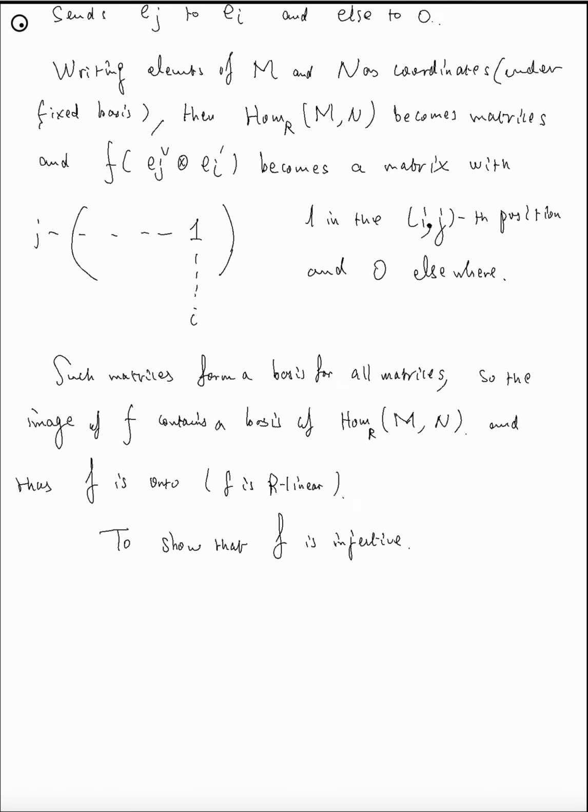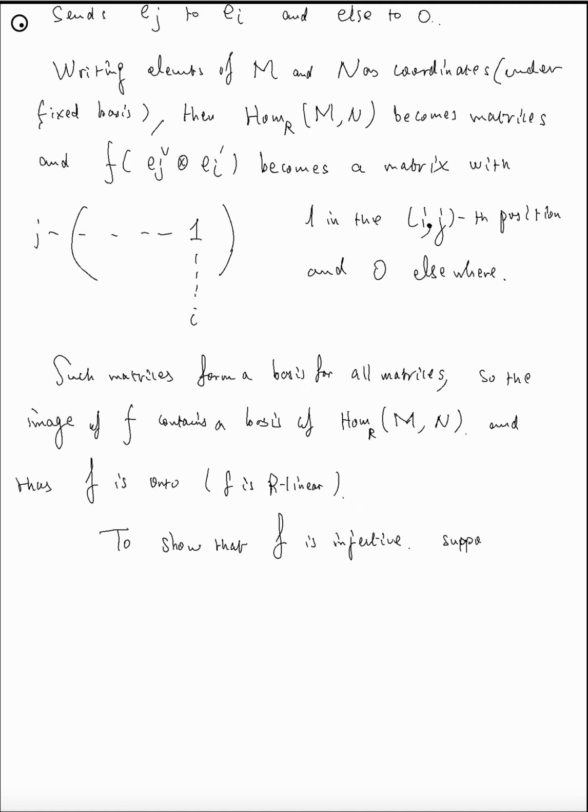Actually, I put a question. This is a free R-module and you got an R-linear map. If it's already surjective, then it should be automatically injective, right? Let's go with a more constructive proof to show this is injective.